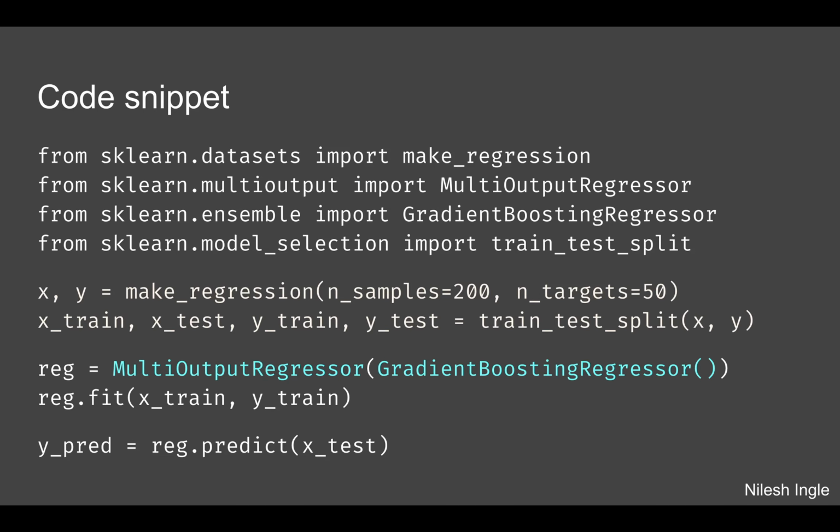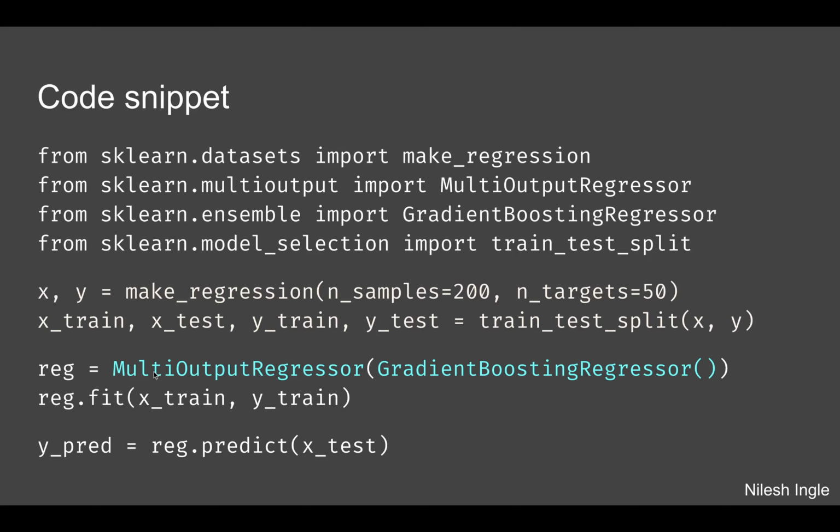Finally, in the code snippet, we have this new library that we are using now, multioutput, and ensemble is what we have seen in previous videos. Here we have a created data set with X-train and X-test, in the standard scikit-learn format.